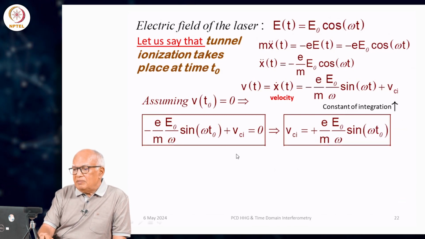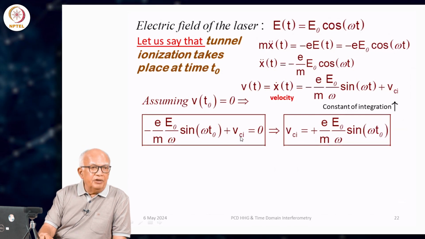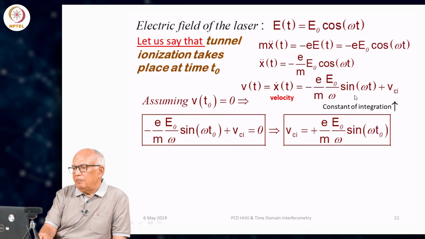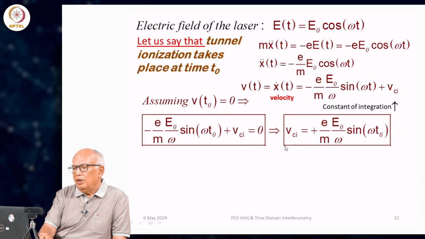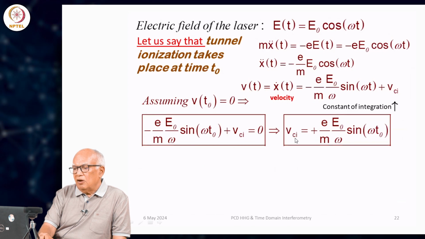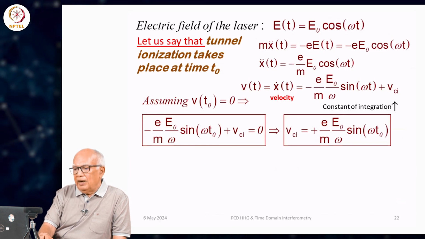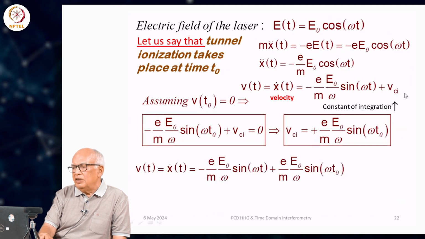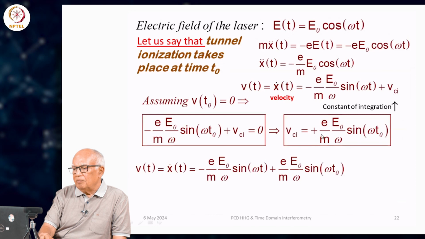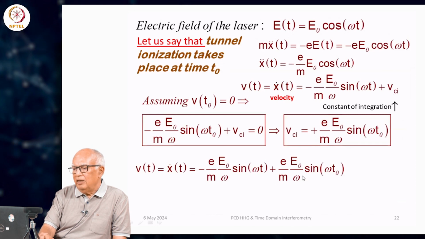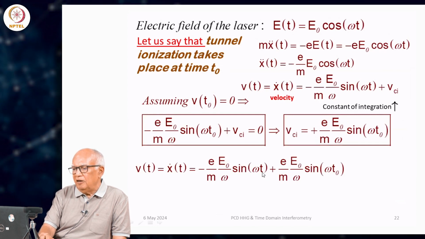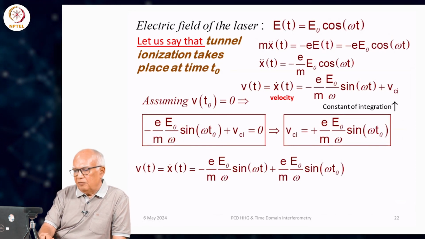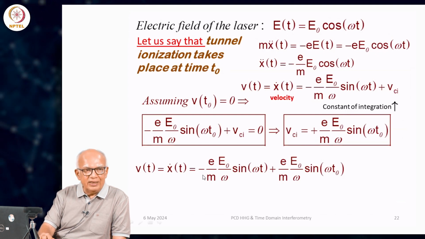So that helps us determine this constant of integration, because at t0 this solution, this term plus the constant of integration is equal to 0, that gives us the constant of integration for velocity, and now you have this relation for velocity inclusive of this constant of integration, which is plus E over. So these two terms look alike, but mind you there is a variable t here, whereas this is the tunneling ionization time t0, and of course there is a plus sign here, whereas there is a minus sign here.